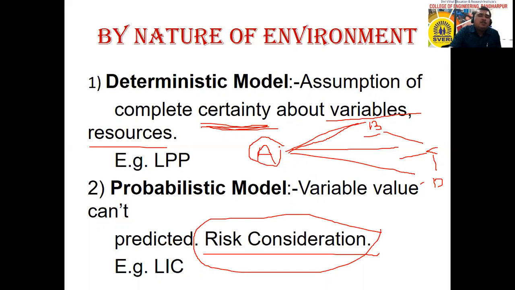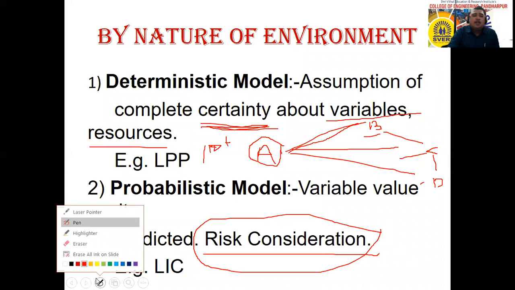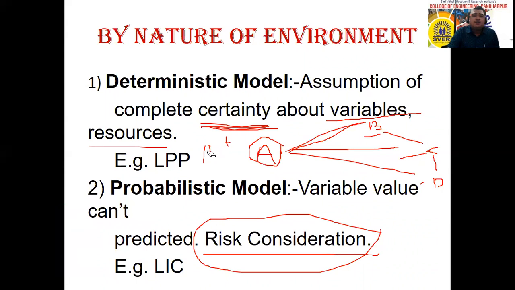Then there is the capacity of A. Let's say A can travel with 10 tons of goods at the same time.